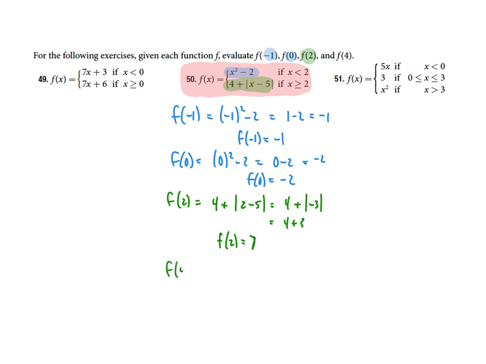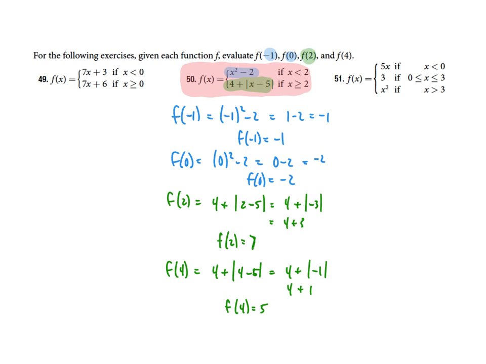And then f of 4, so 4 plus the absolute value of 4 minus 5. So that's 4 plus the absolute value of negative 1, which is 4 plus 1. So f of 4 equals 5.